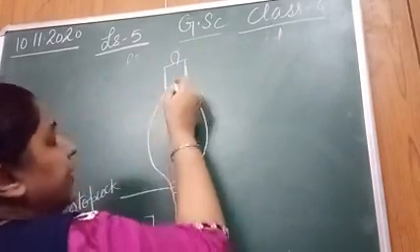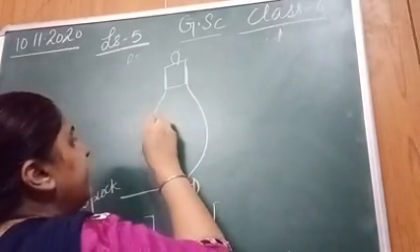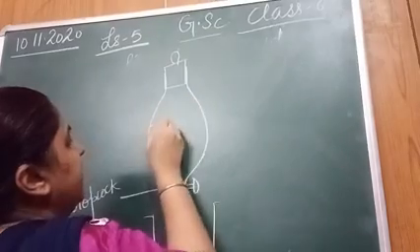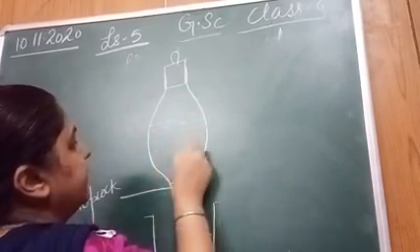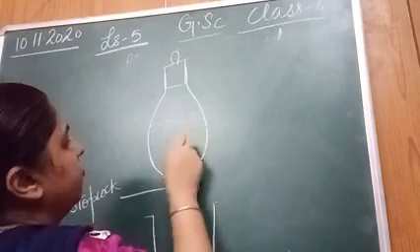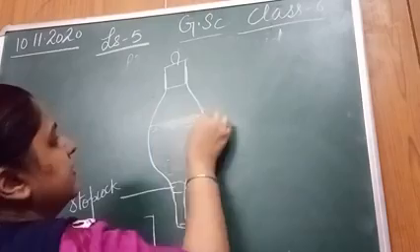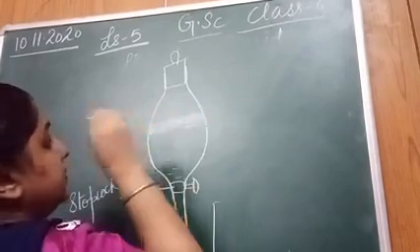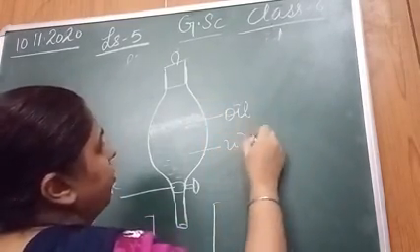Okay. What is done? This immiscible mixture is added in this separating funnel and it forms separate layers. At the lower part is the water and at the top, say this is oil, right? This is oil, this is water.